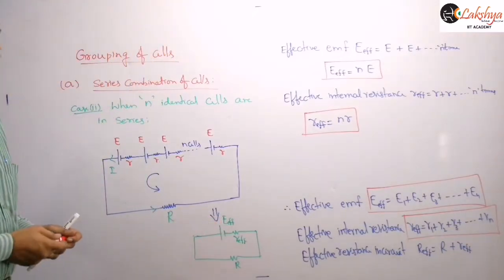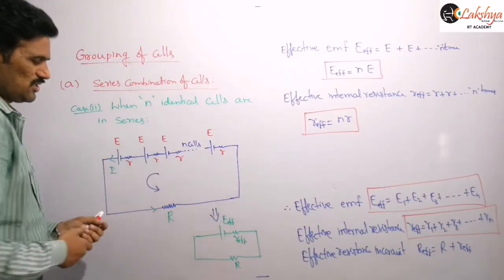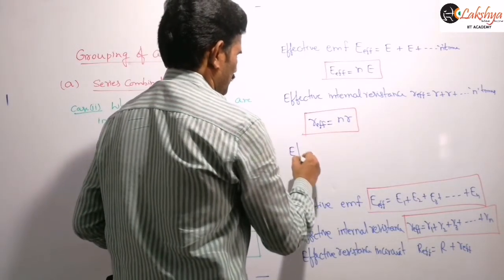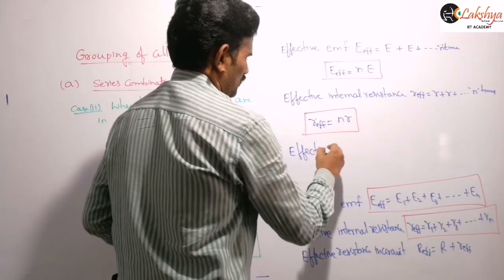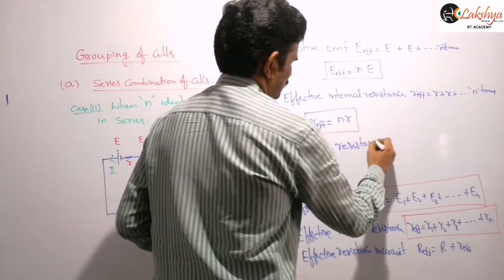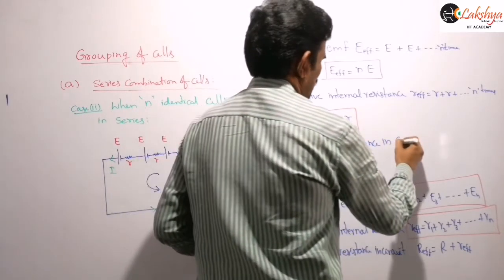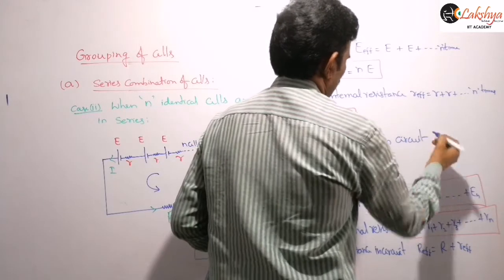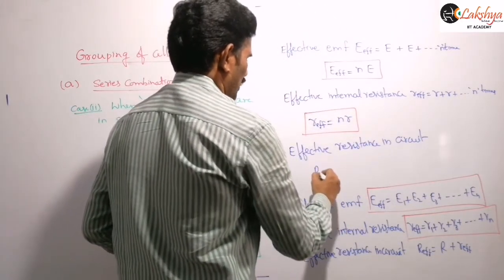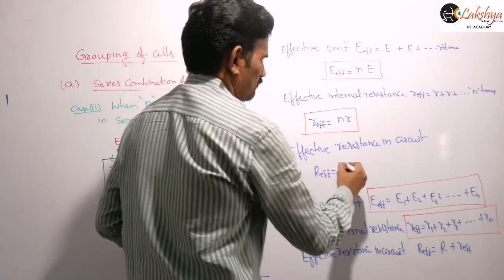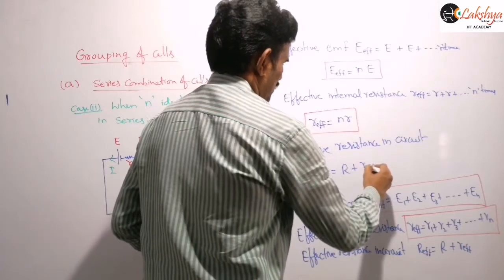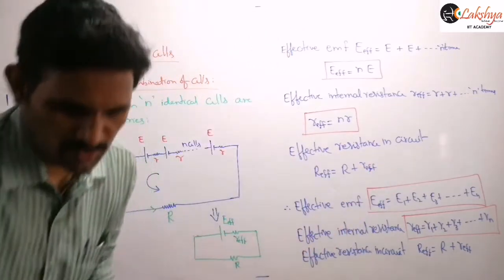Now the effective resistance in the circuit means just that r effective we need to add to the external resistance there. Therefore I can write the effective resistance in the circuit, R effective, is equal to R plus small r effective.